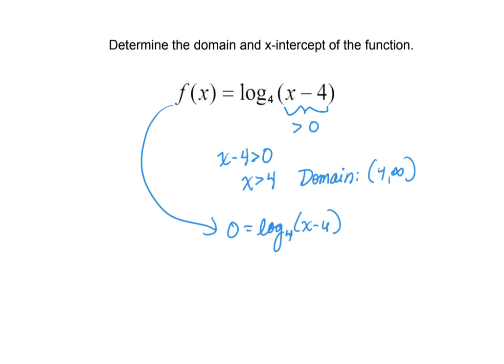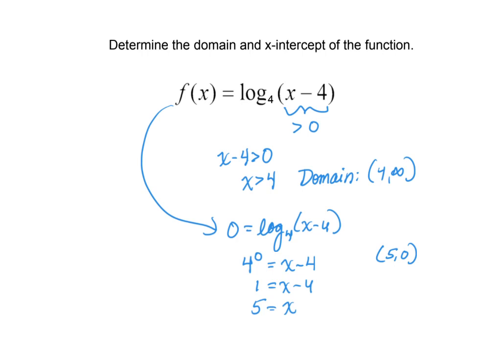So I know that 0 is the exponent that I need to put on the 4 in order to get x minus 4. So 4 to the 0 has to equal x minus 4. Well, 4 to the 0 is 1. So now I simply add 4 to both sides. X is 5. So my x-intercept is 5, 0.